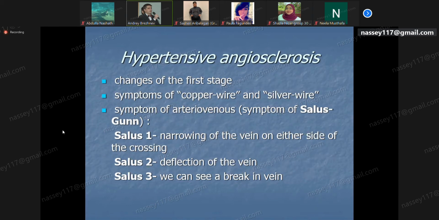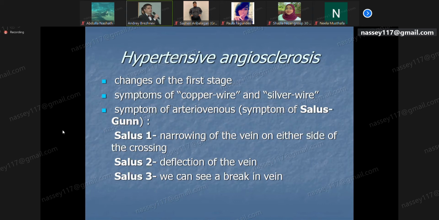The second stage, due to the sclerosis of the arterial walls, is called hypertensive angiosclerosis. We can see changes of the first stage, but more severe, and several additional symptoms.